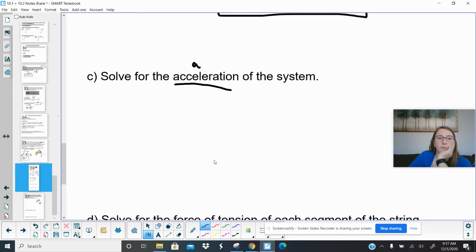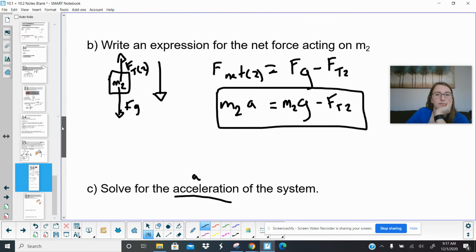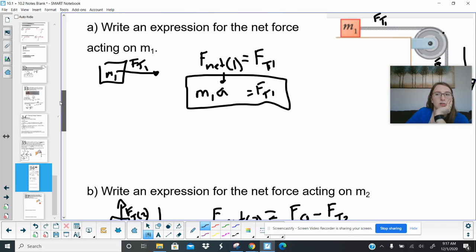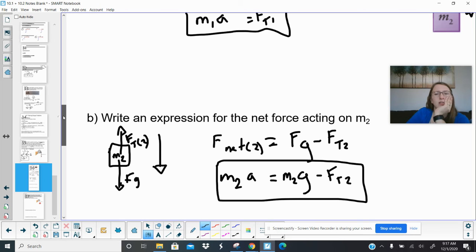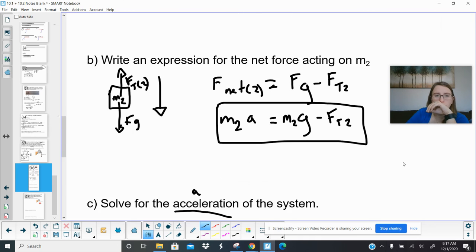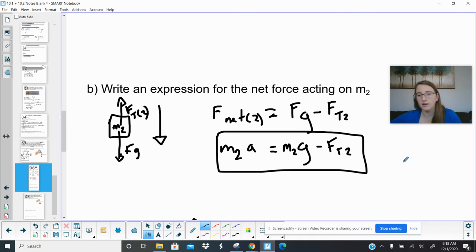Let me make sure I'm doing this right. If those are different, we can get A by itself. Set those equal to each other, but I'm going to cut this part out.